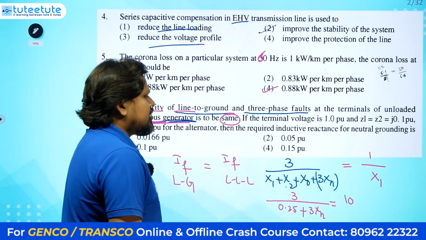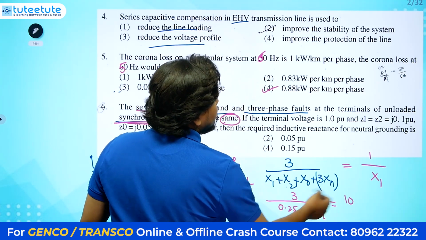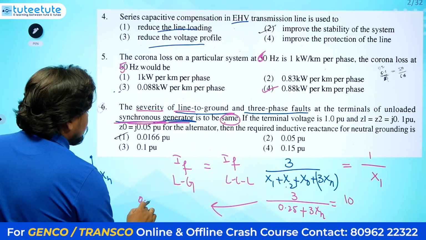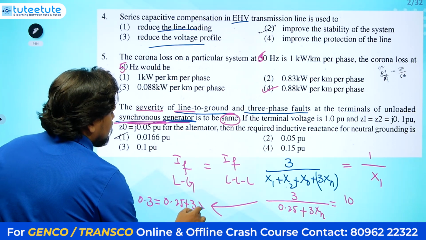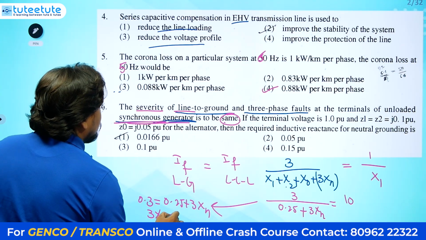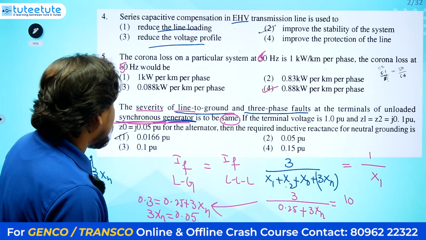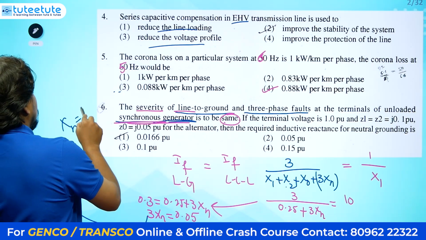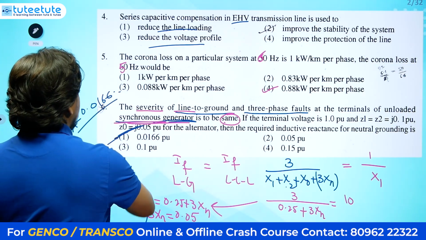So if you take this 3 by 10 on one side and the remaining on the other side, 3 by 10 means 0.3, which equals 0.25 plus 3xn. Then 3xn equals 0.05. From this, if you calculate, xn equals 0.0166. So the answer is option 1.